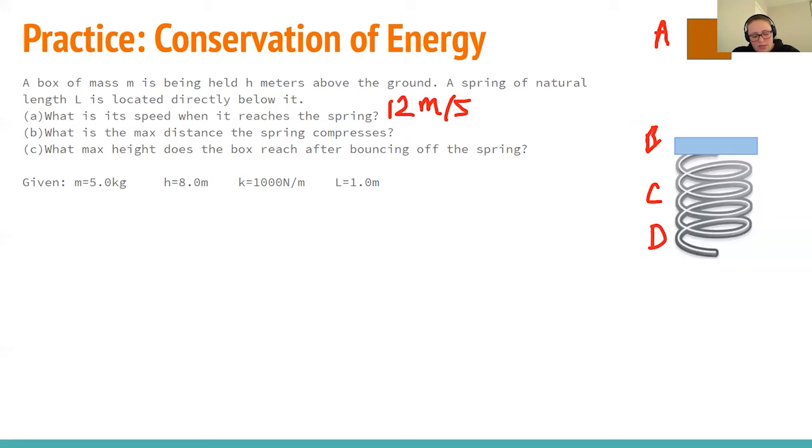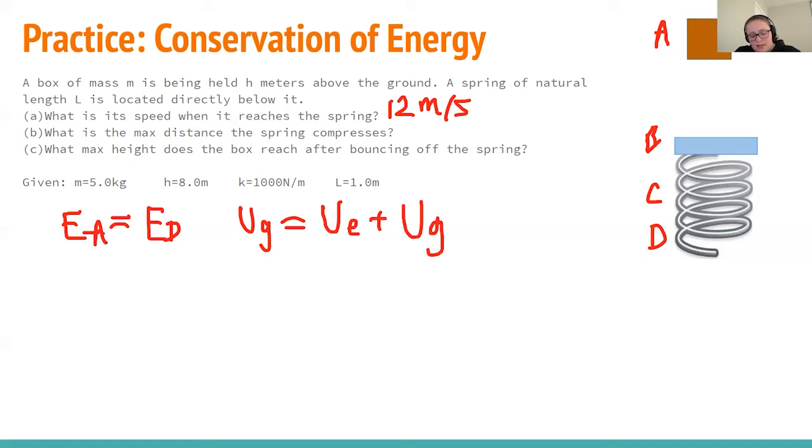So we're going to use the energy at A is going to be equal to the energy at our point of interest, which in this case is point D. So we already talked about this earlier. We have gravitational potential at A, and at point D, we should have elastic potential, but we also have some amount of height because a spring cannot be compressed to 0.